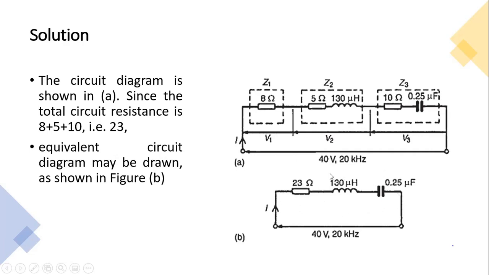So the first thing we do is find the impedance across this inductor, and we also have to find the impedance across this capacitance. That is, you have to look for the inductive reactance and the capacitive reactance.